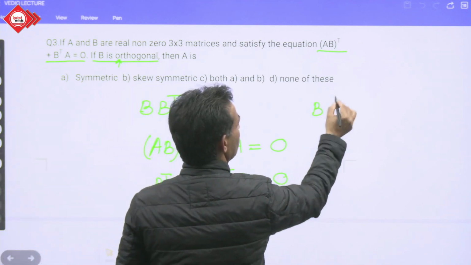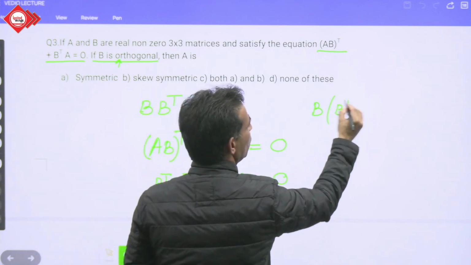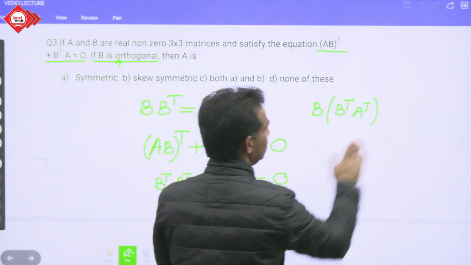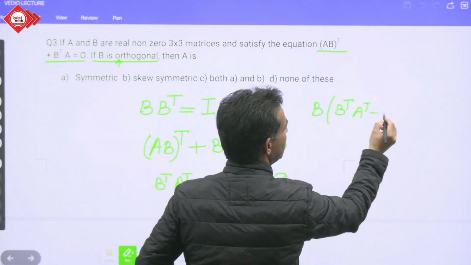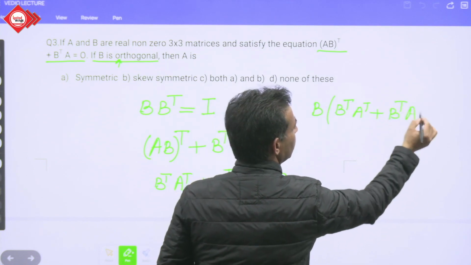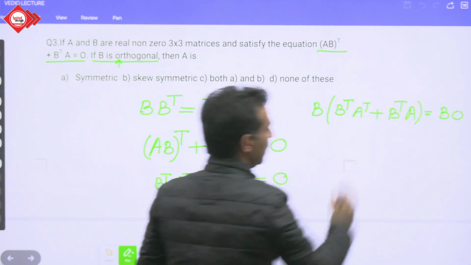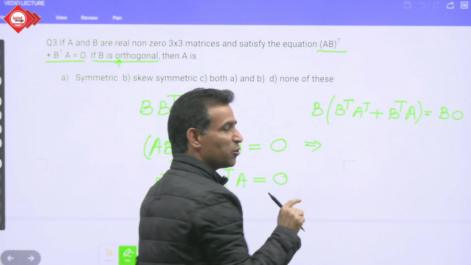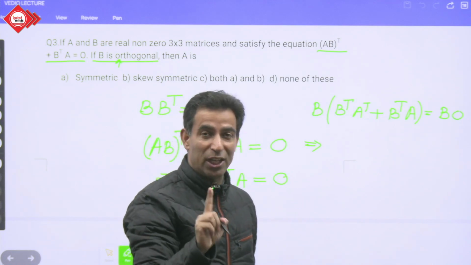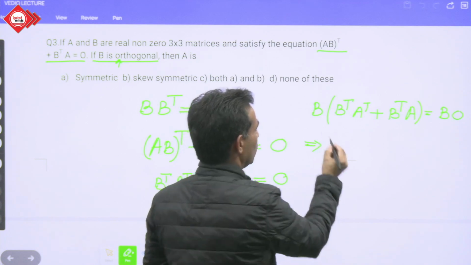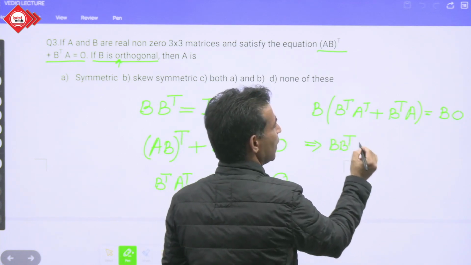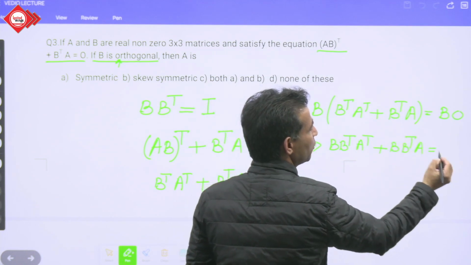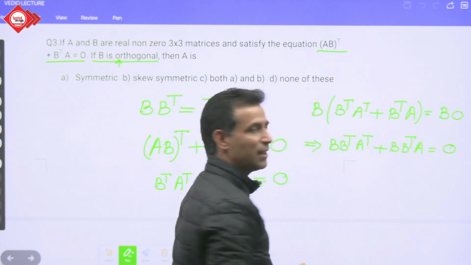You will get B multiplied by B transpose A transpose plus B transpose A is equal to B multiplied by null matrix. So what do we get? Just multiply here and make use of the distributive law. Matrix multiplication distributes over addition. So you will get here B B transpose A transpose plus B B transpose A, and you know that any matrix multiplied by a null matrix is a null matrix.